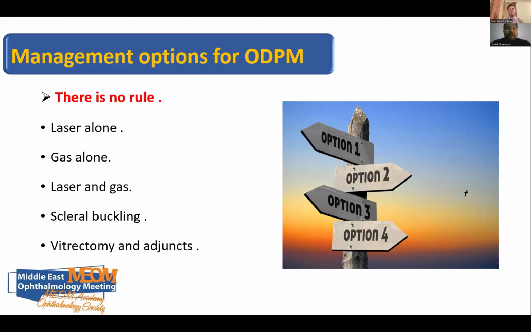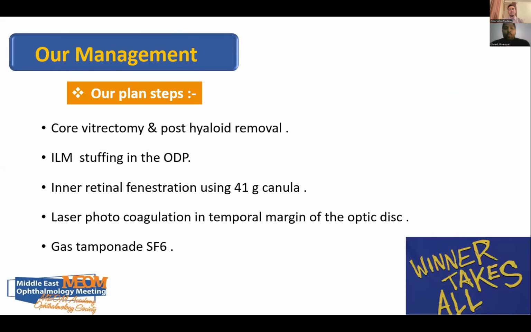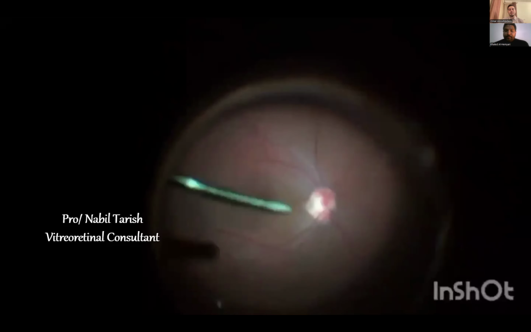Some advised scleral buckling and others advised vitrectomy. We decided to go with multiple techniques, starting with core vitrectomy, internal limiting membrane stuffing in the optic disc pit, inner retinal fenestration using a 41-gauge cannula, laser photocoagulation, and gas tamponade.